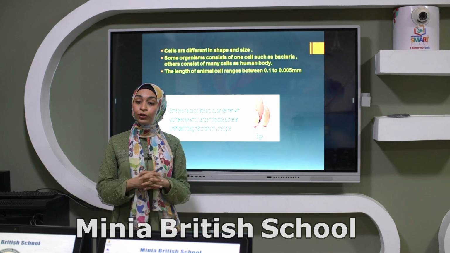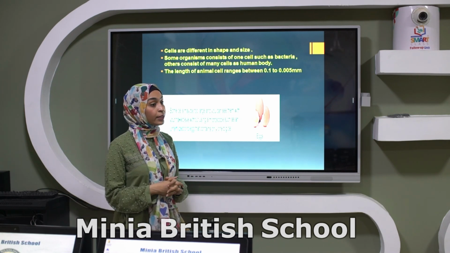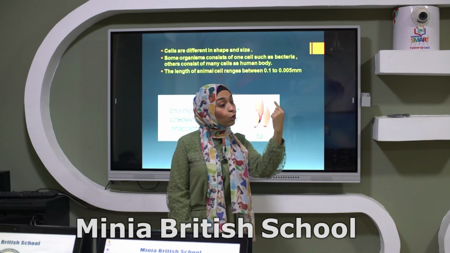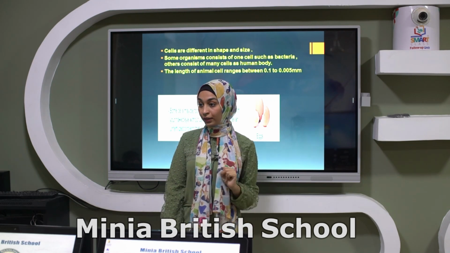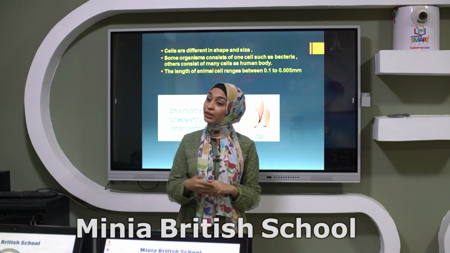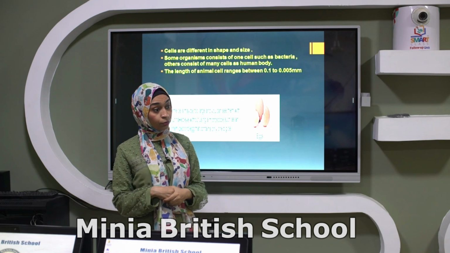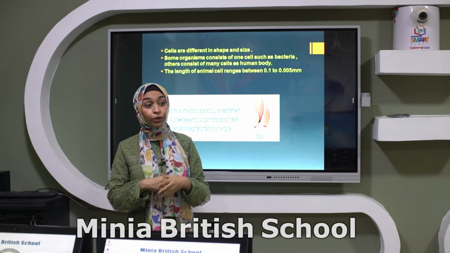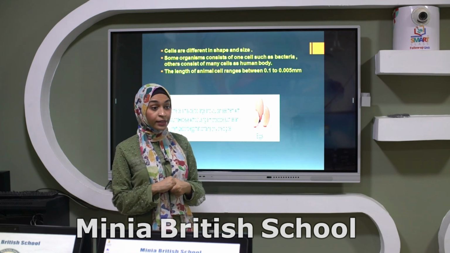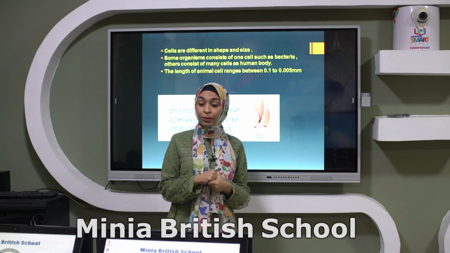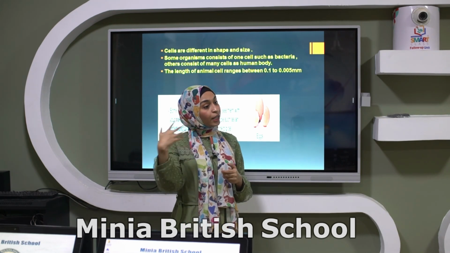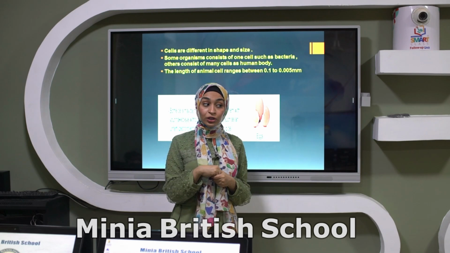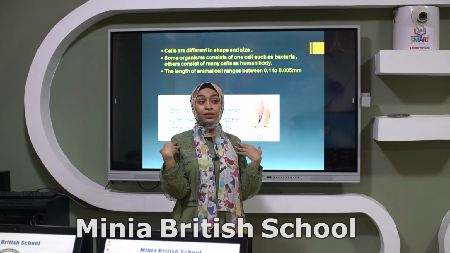Let's talk about another point. Some organisms have bodies that consist of only one cell. Like what? Like the bacteria, like the fungi. Did you hear before about the bacteria or the fungi? Yes. The bacteria's body consists of only one cell. But others have bodies that contain many cells, like us.